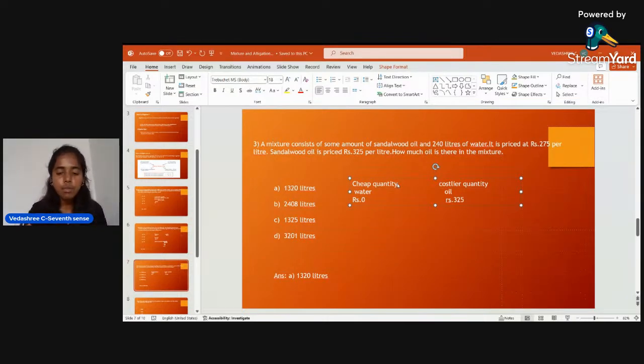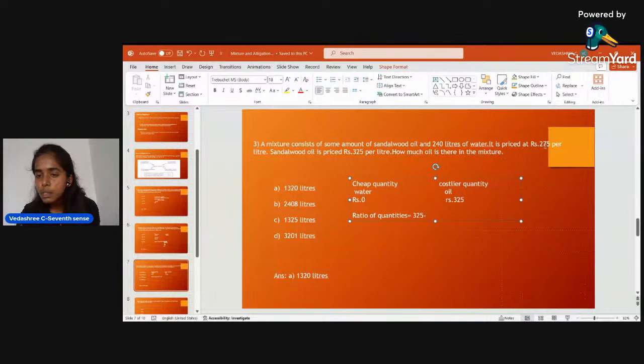So now we need to calculate the ratio of the two quantities. First, the cost of the costlier quantity, 325, minus the mean price. What is the mean price? It is priced at rupees 275 per liter, so this is the mean price, 275.